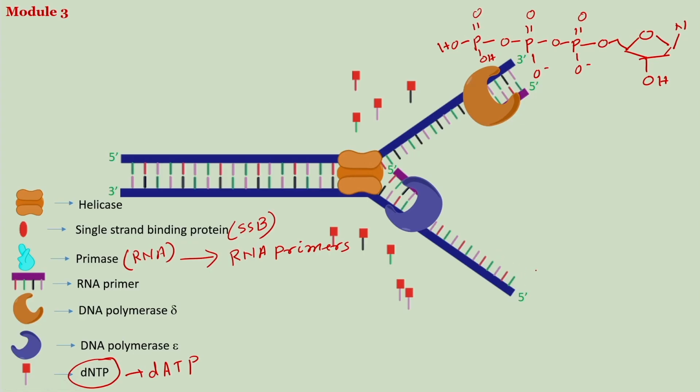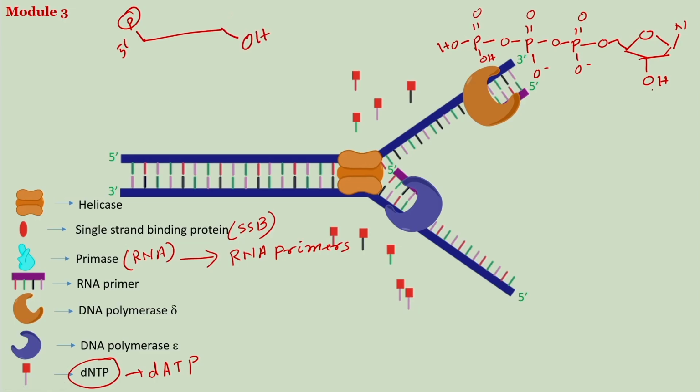Because here would be 3 prime, and your DNA or RNA, whatever it is, is always in the 5 prime to 3 prime direction. I have mentioned, if you remember, that whenever you have a DNA or an RNA strand, your 5 prime end always has a phosphate. This is 5 prime, and the 3 prime end has a free hydroxyl.